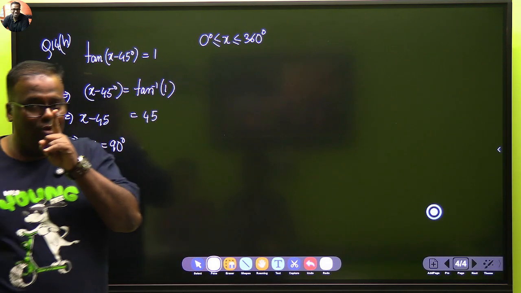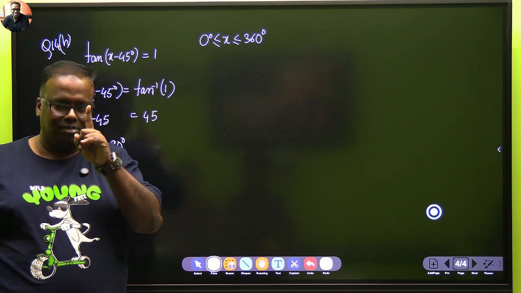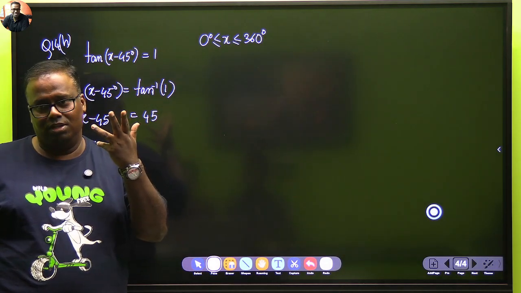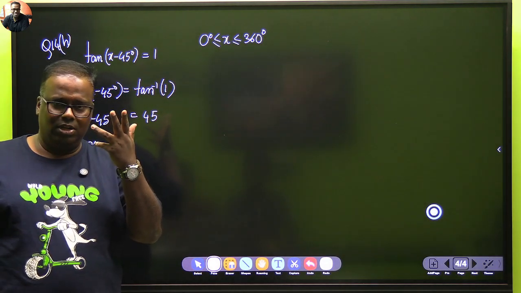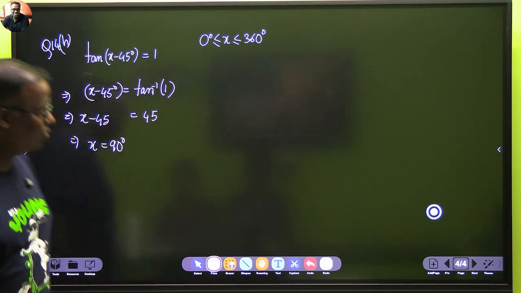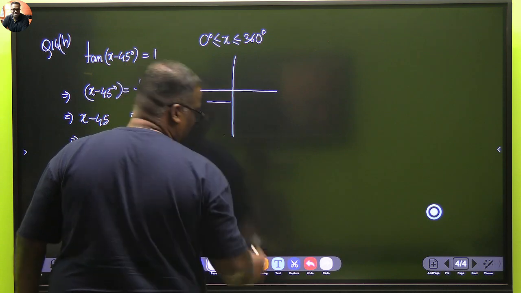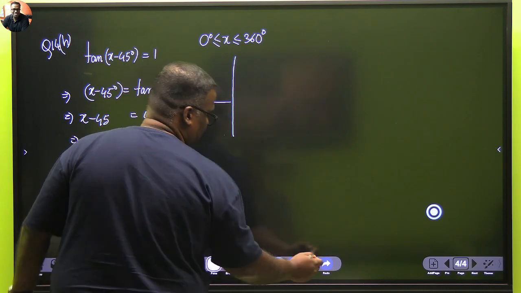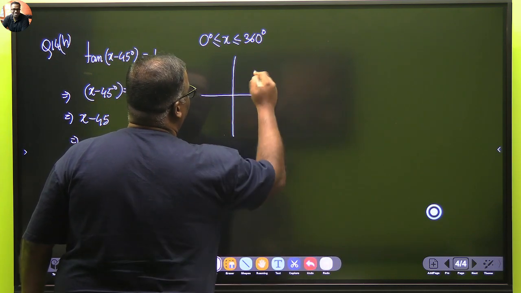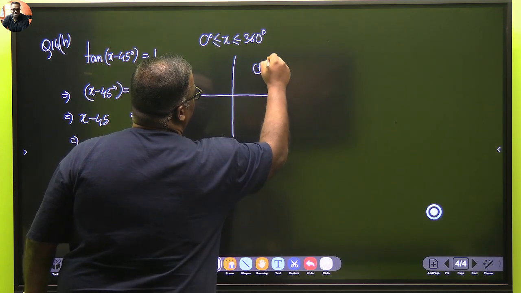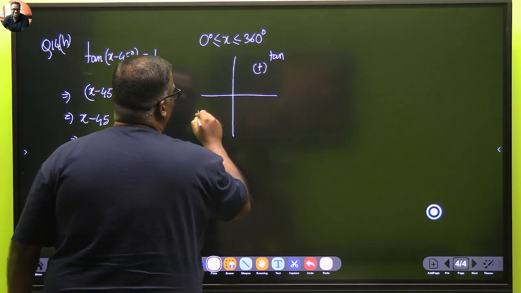There should be one more value where tan is positive. And that should be in which quadrant? Very good, that should be in the third quadrant. So we are looking for a tan function. The tan function is positive here and the tan function is positive here.